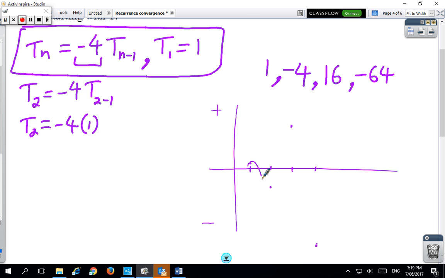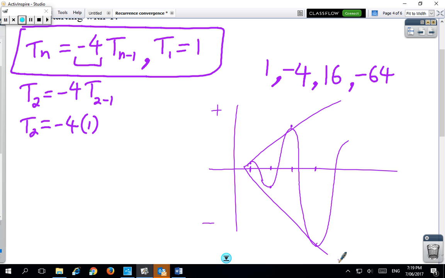And that wibbly wobbly shape that's made, we call that oscillating. So we can have ones that are diverging and oscillating because it's wibbling and wobbling. Diverging is still getting further away, and usually if they're wibbly wobbly, it's because you're multiplying by a negative, which makes it swap each time. So this is divergent, because it's going further away, and also oscillating.